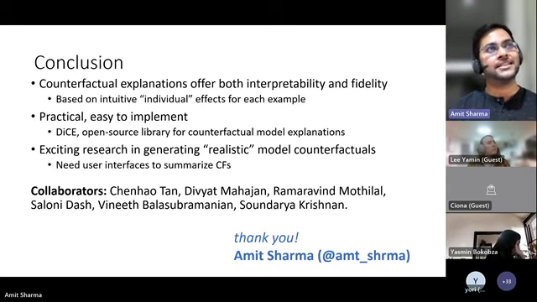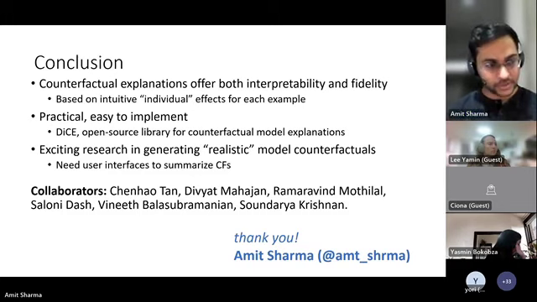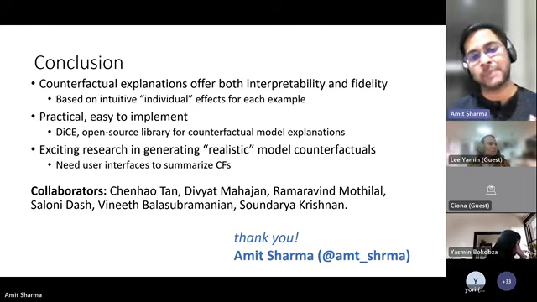I think, yes, you can, but not with the methods that I described in the talk today. But if you think of counterfactuals in general, I think yes, we can think about getting access to things that might be missing.